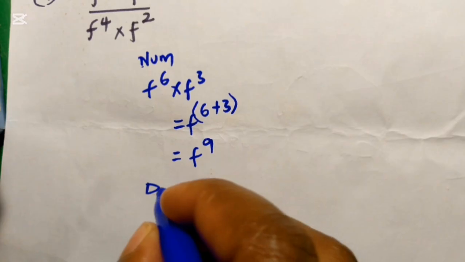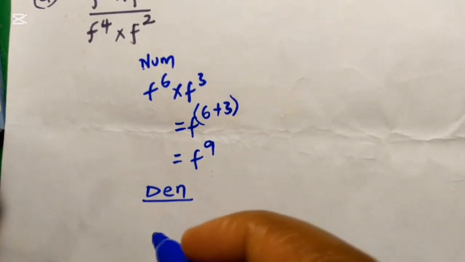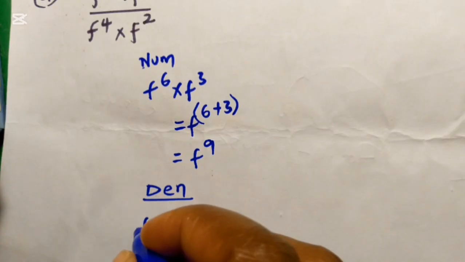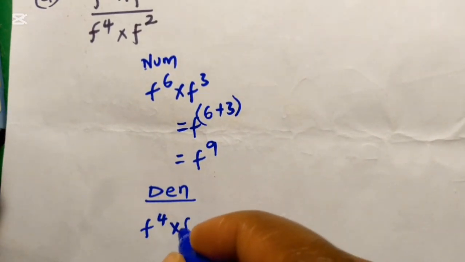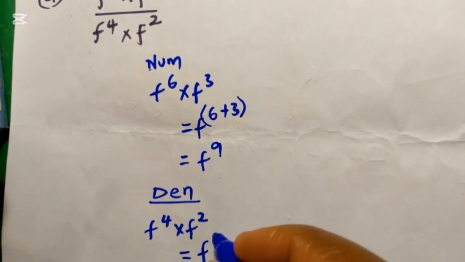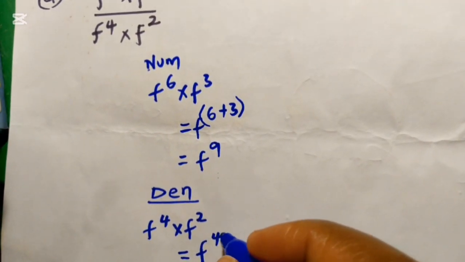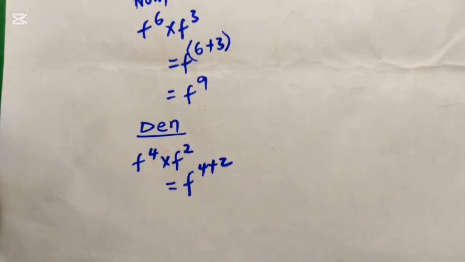Then the denominator will have f power 4 multiplied by f power 2. This is the same as f power 4 plus 2, because it is multiplication of indices again.